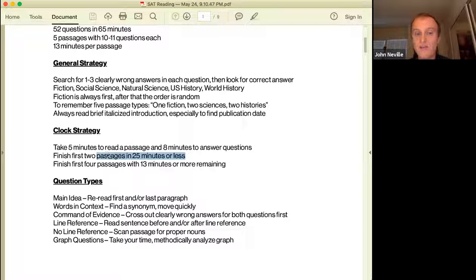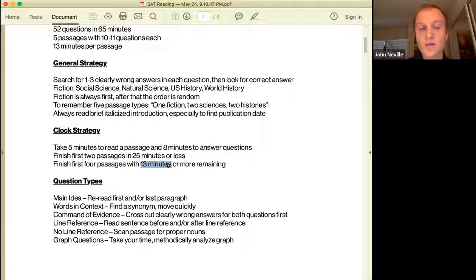And so given that they should take 13 minutes per passage, there should be about 25 minutes elapsed by the time they finish the 2nd passage, the last question on the 2nd passage. I also encourage them to look at the clock after the 4th passage. So with 1 passage remaining, there should be at least 13 minutes, usually more, like 15 to 16 minutes remaining for them.